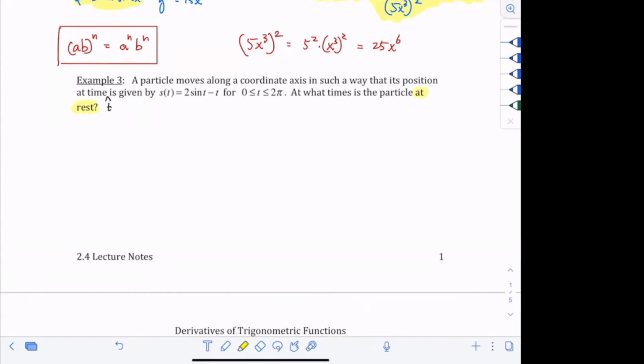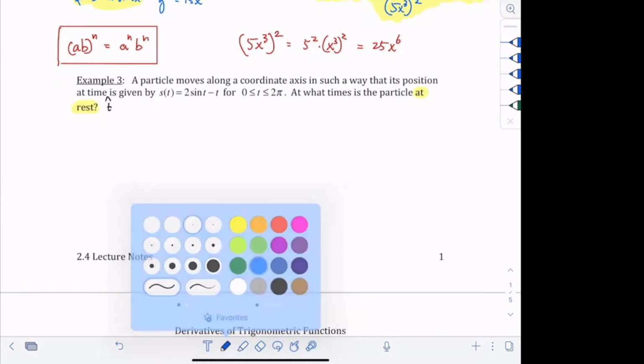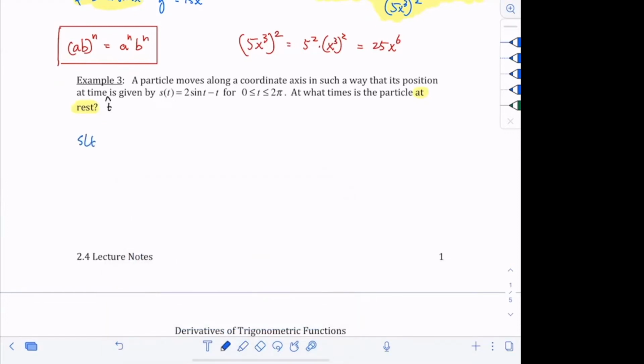So I want to ask you guys a question to try to help us solve this problem. We know that there's a relationship between the position function, the velocity function, and the acceleration function, right? They're related by their derivatives.